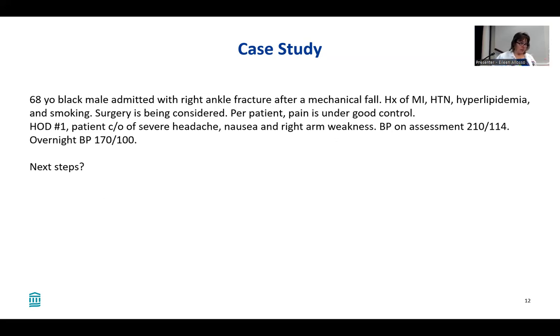The other thing you want to investigate is the last known well. If we're talking about a hemorrhagic stroke here, but if it was an ischemic stroke, last known well is very important because it sets the clock of when the patient's eligibility for TPA begins.